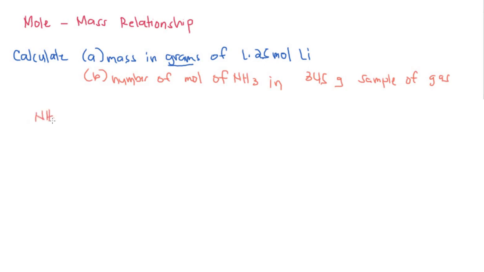Ammonia has a molar mass of 17. So we have 17 grams per mole. So meaning to say, for every 1 mole, there is an approximate value of 17 grams. Given the mass, we need to find the moles of the NH3.